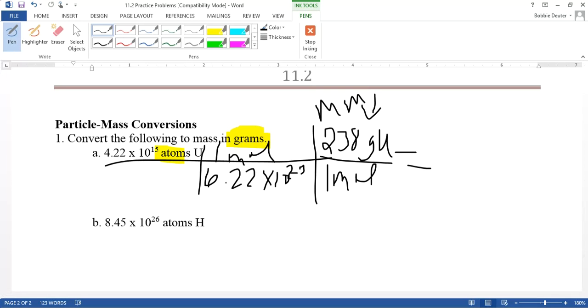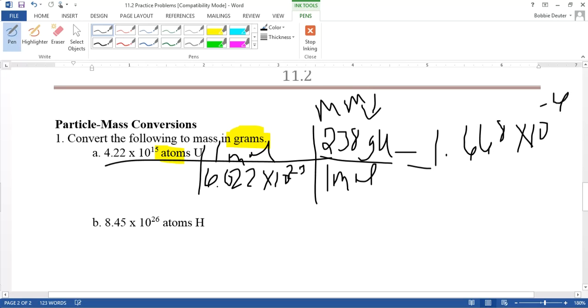You take 4.22 times 10 to the 15th, in parentheses, times 238. Divide that, in parentheses, by 6.02 times 10 to the 23rd, and we get 1.668 times 10 to the negative 6.